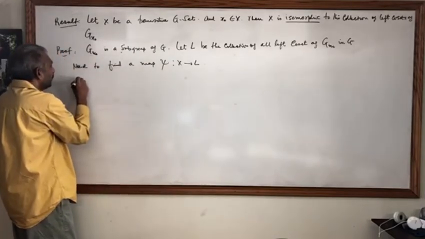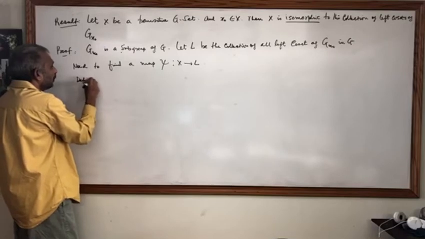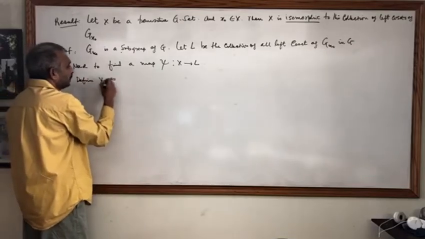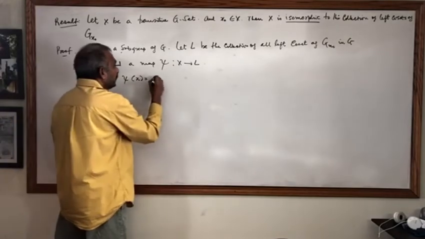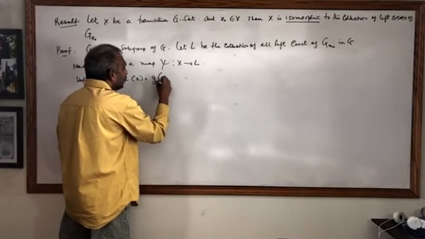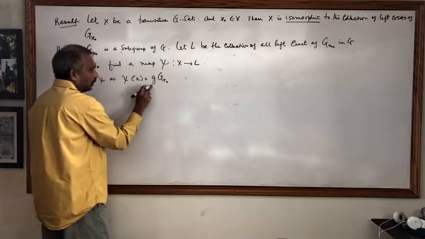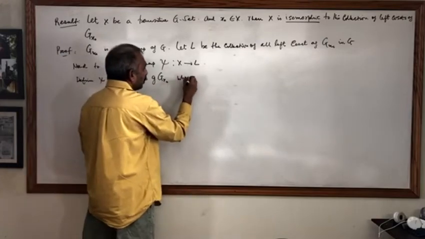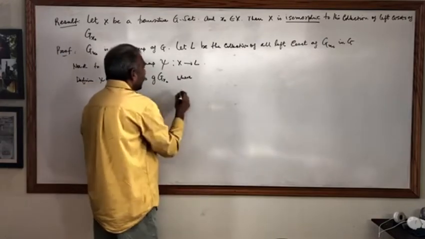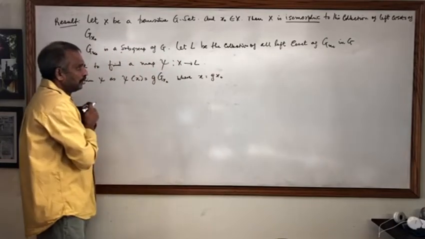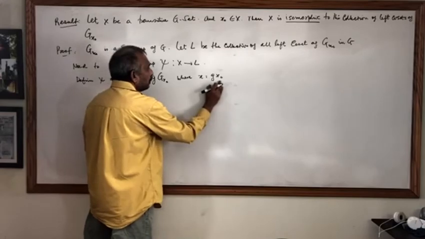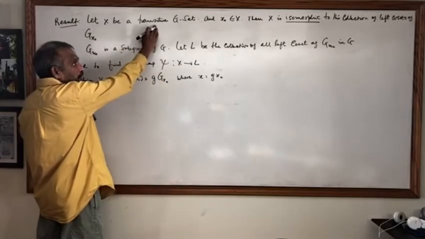So define psi as psi of x equal to gGx0, where x equal to gx0. This is possible because X is transitive.